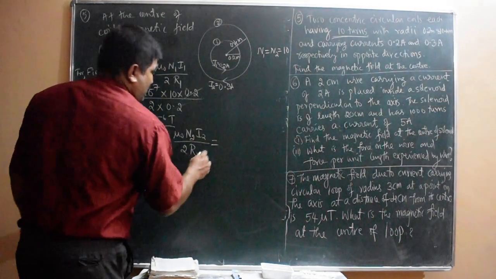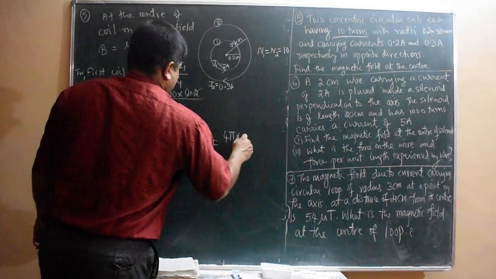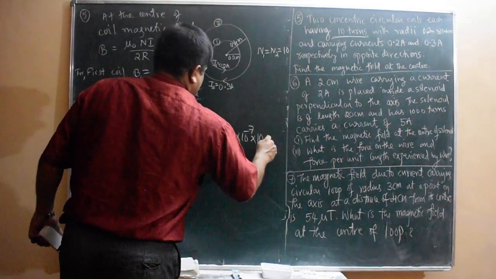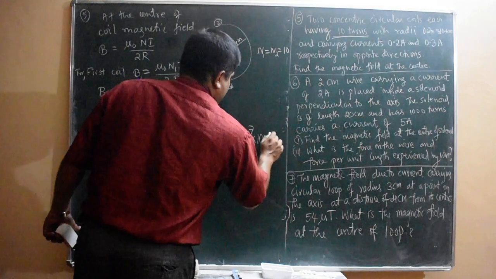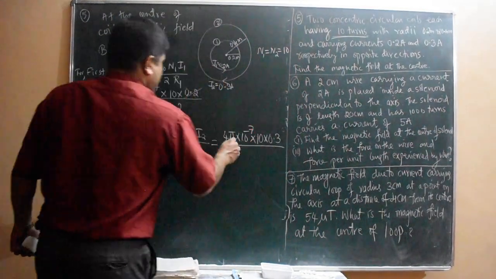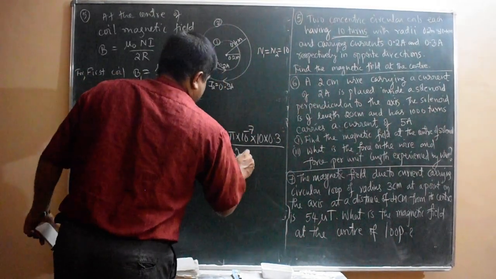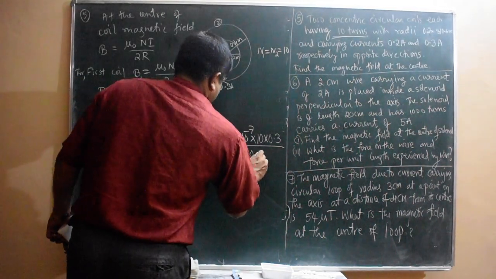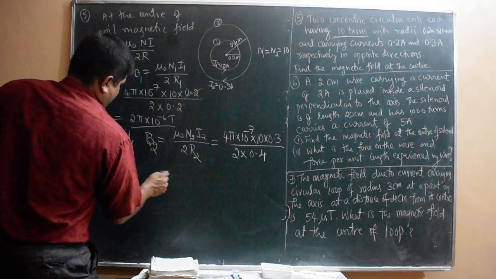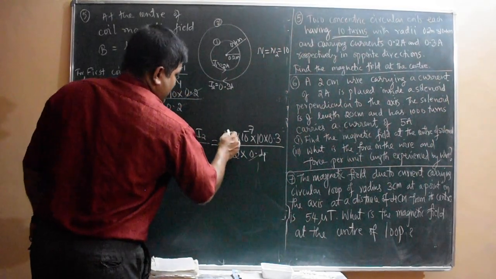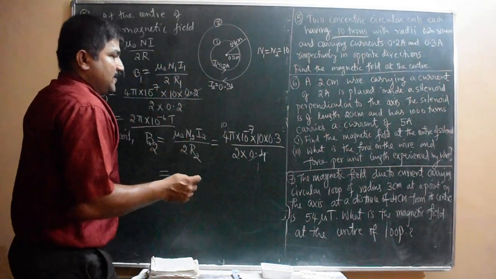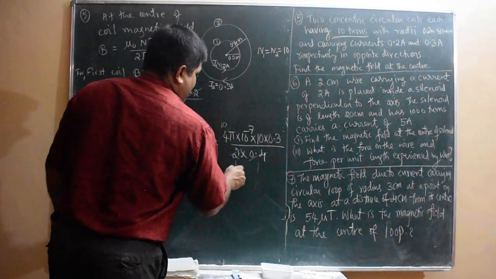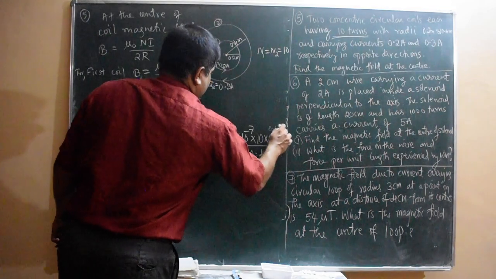Substituting the values: mu naught 4 pi into 10 power minus 7, into N2 is 10, current in the second coil is 0.3, then divided by 2R, radius of the second coil is 0.4 meter. Now simplification: 0.4 ones are 4, 10 times, then this 0.3 divided by 2 we can do, and it is 0.15, that's it.